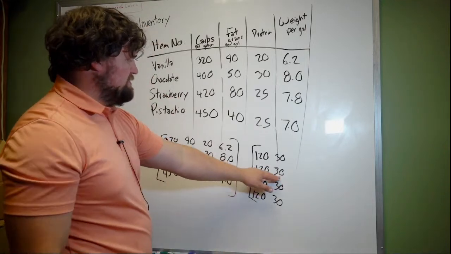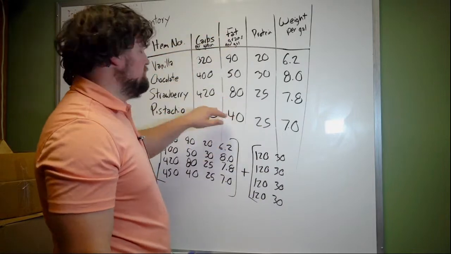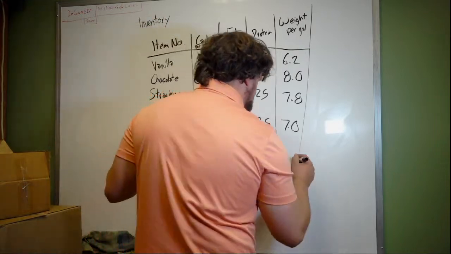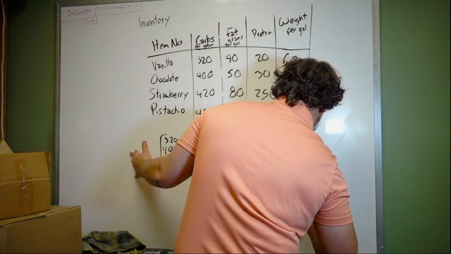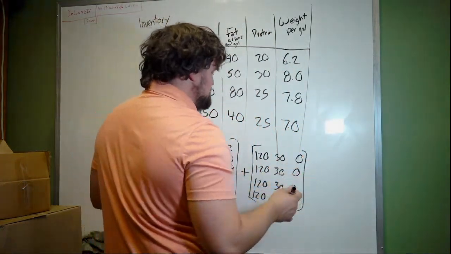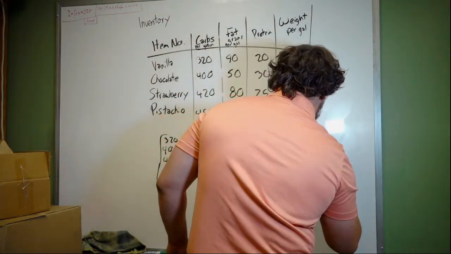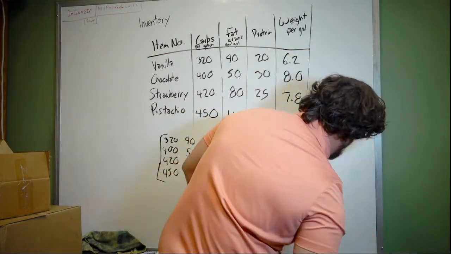There's a reason why 30 is the same here, here, here, and here, is because it's the number of grams that would be added for each one of these flavors. It doesn't add any protein. And the weight per gallon, it's going to be some amount of weight. Let's just call it an even 10. Apparently our ice cream is pretty light and fluffy.